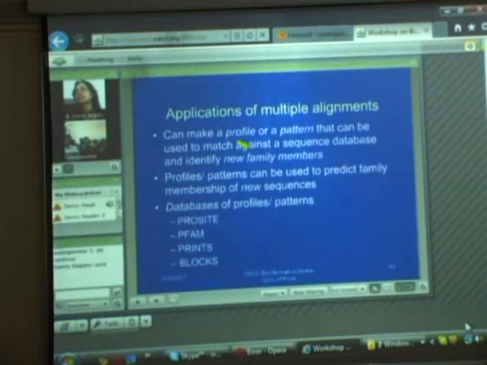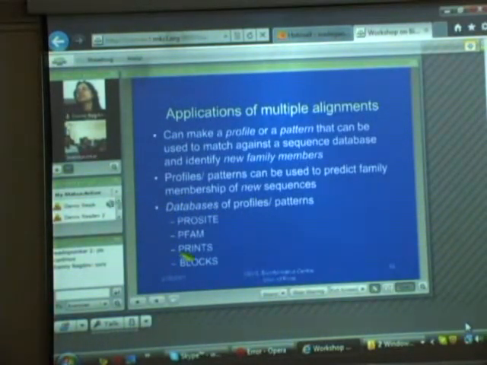You give the multiple sequence alignment as an input to generate a profile for a family of protein sequences, that is the entire gene family and not just one or two sequences of that family, as a kind of diagnostic to detect the members of the family and assign functions to them. You can also derive the sequence patterns from multiple sequence alignments. So these two are again very useful applications of MSA.